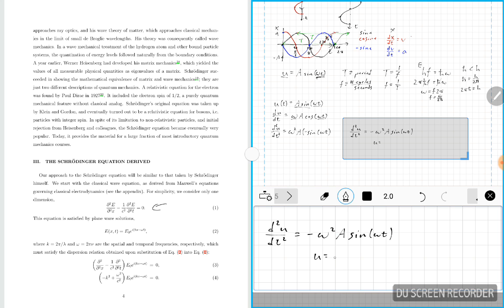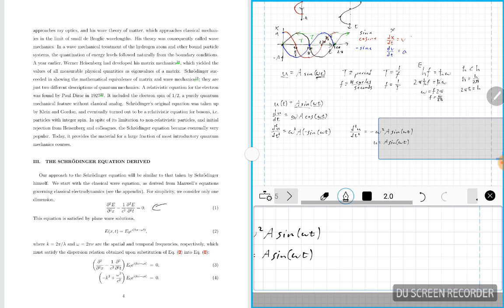But u equals a sine omega t. Now I'm just too lazy to keep writing out that sine wave, so I'm going to go ahead and replace this with u. So I get d squared u over dt squared, the second derivative, is going to equal negative omega squared times u.